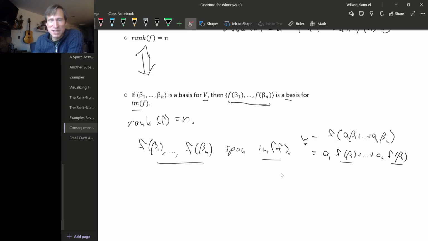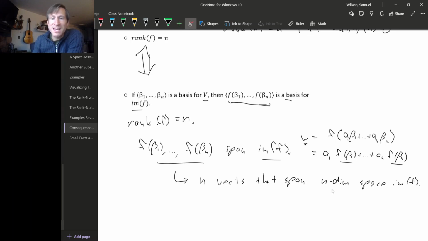But if the image is rank n, what we have here is n vectors that span an n-dimensional space, namely the image of f.